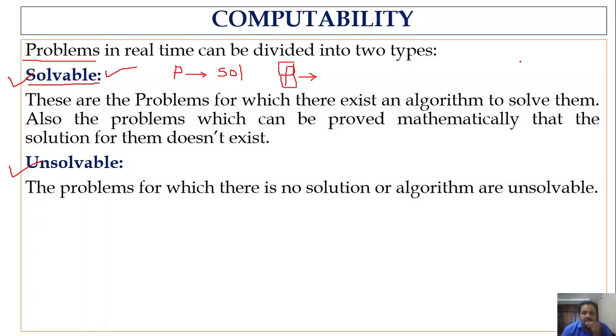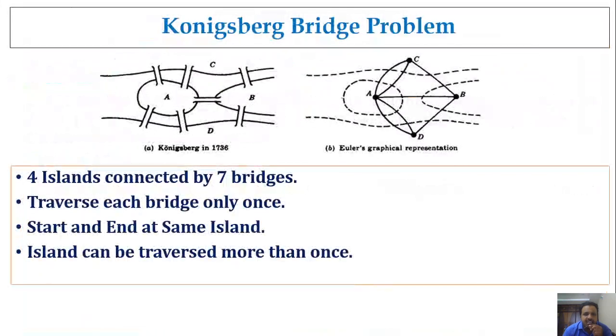So remember two points. The first point is the default: for a particular problem, if there is a solution, then that problem is considered a solvable one. The other case is that if you can prove that a particular problem is not solvable, then that problem is also considered a solvable one. We saw this concept in the previous session when we discussed the Königsberg bridge problem.